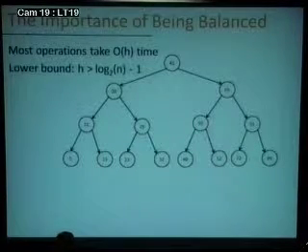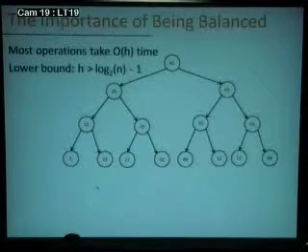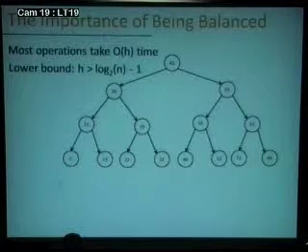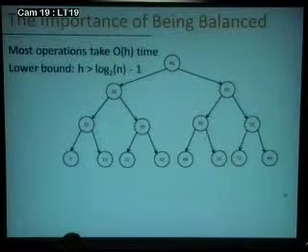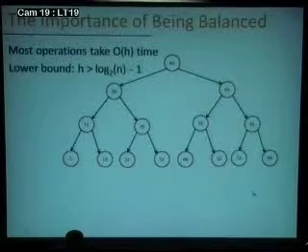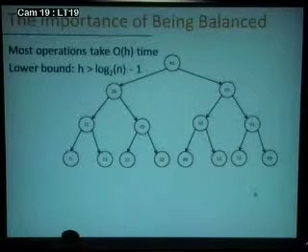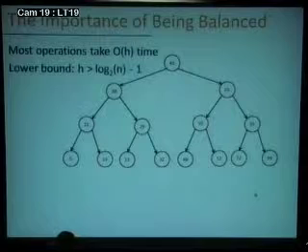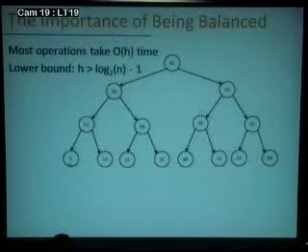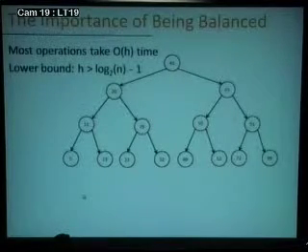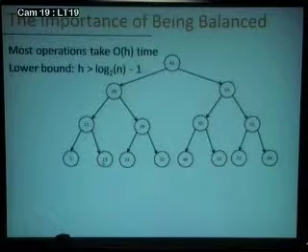If you add one more layer, then you can have a total of 31 vertices, and the minimum height of your tree will be 4. So imagine that for 5 you draw two more children, for 13 you draw 2 more children, and so on.